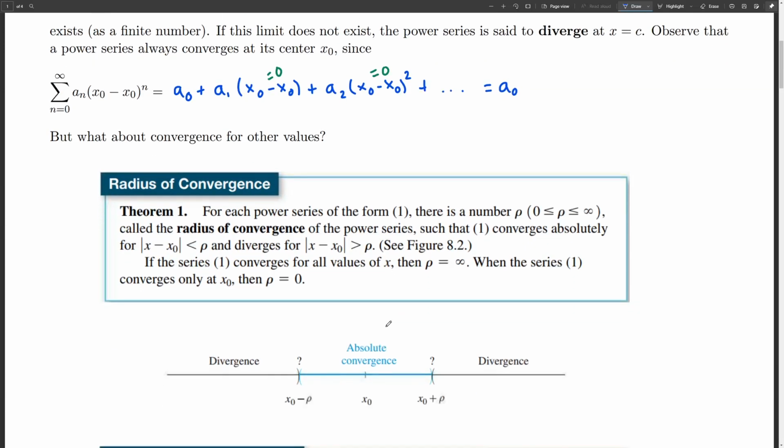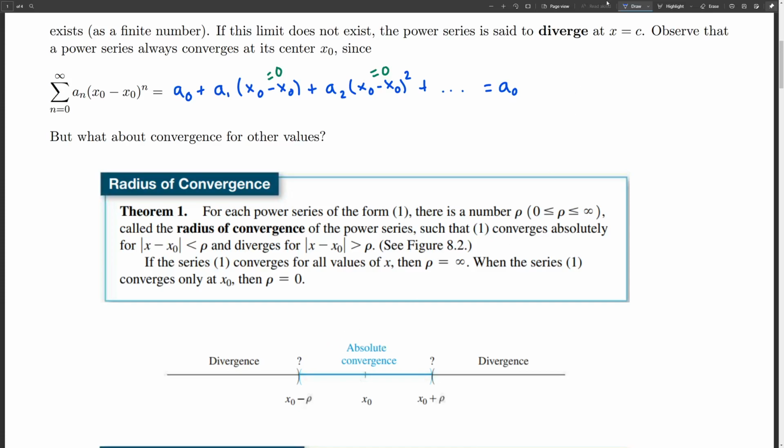So we have an interval of convergence that goes from x naught minus rho, the radius of convergence, to x naught plus rho. Outside that interval, the power series diverges.